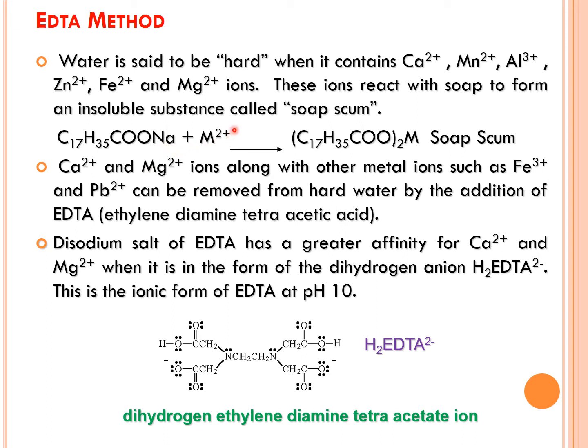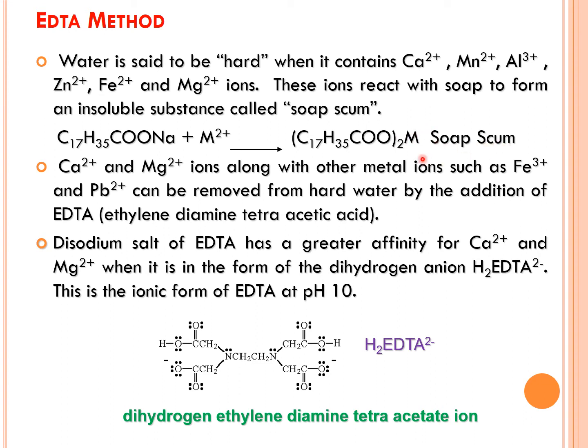In hard water, the hardness causing metal plus ions react with this soap solution, replace the sodium ion, and form a new compound. Like if calcium plus 2 ion is present, then it forms calcium stearate, (C17H35COO)2Ca, and this is known as soap scum.